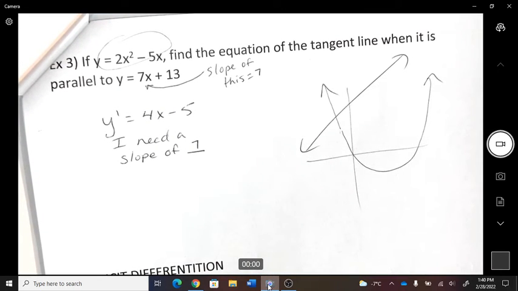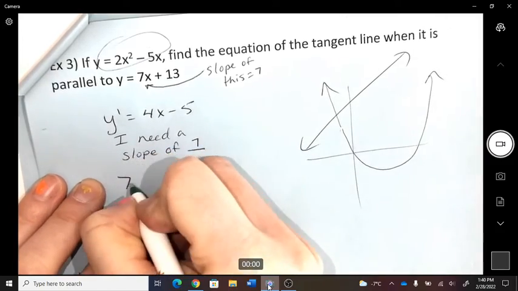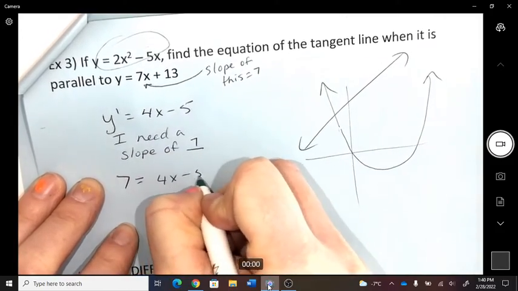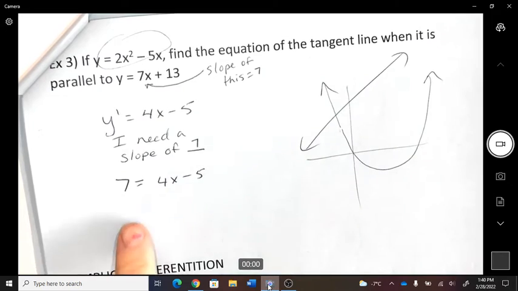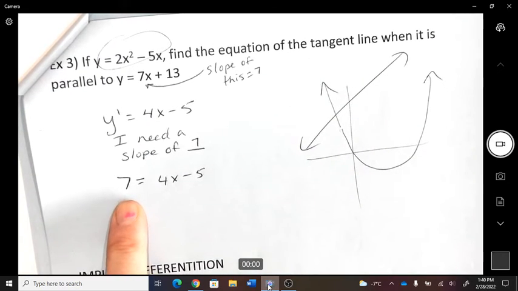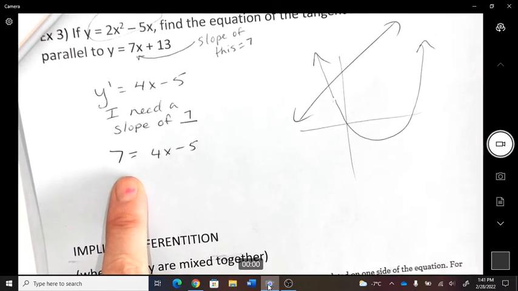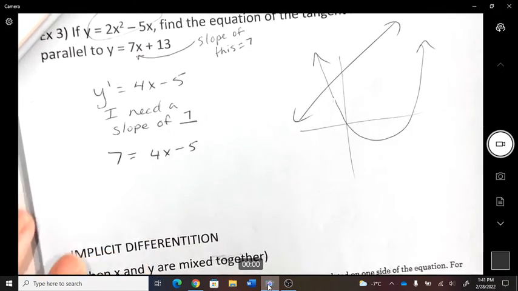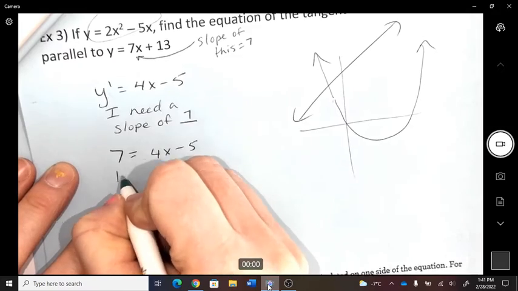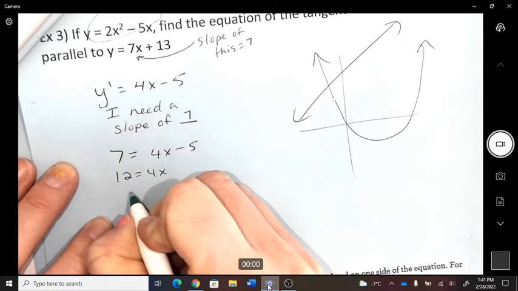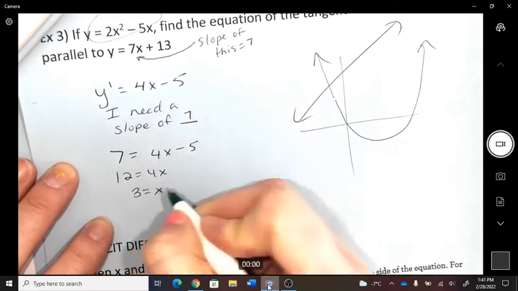I have to figure out, when am I going to have a slope of 7? So here's what I'm going to do. I'm going to say, when is my slope 7? Okay. So I'm going to add 5, divide by 4.